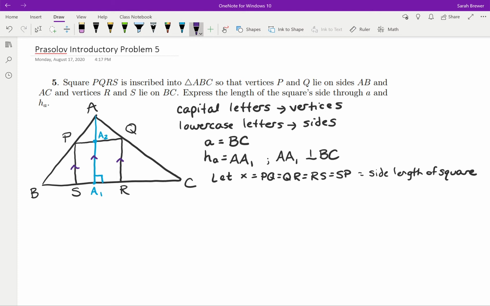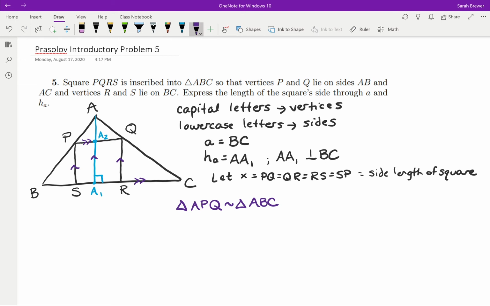So for instance, I know that triangle APQ, this little triangle at the top, oh right, we also have those parallel, so I know triangle APQ is similar to my entire big triangle, triangle ABC.